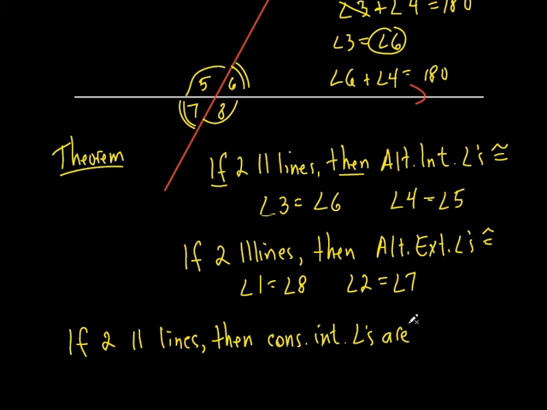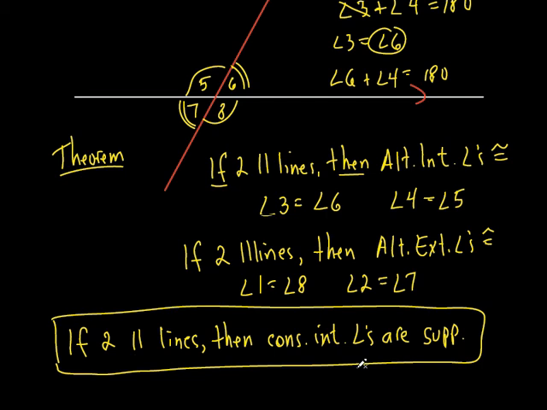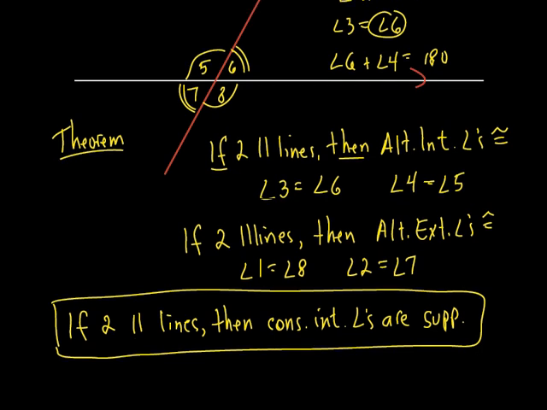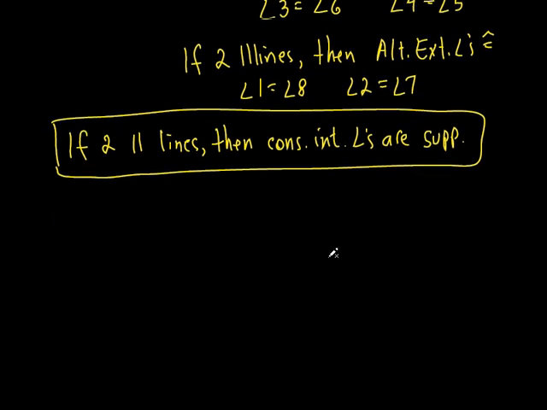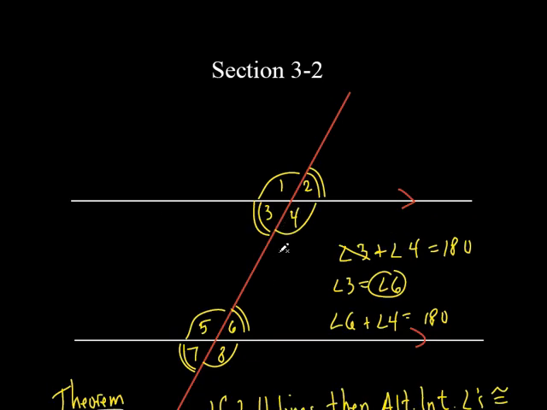Not equal, but supplementary. Okay, very good. I'll just put sup. Is that all right? All right, supplementary. That's what we should say now. All right, so if two lines are parallel to each other, then the consecutive angles are supplementary to each other. All right, so 4 and 6 add up to 180. 3 and 5 add up to 180.